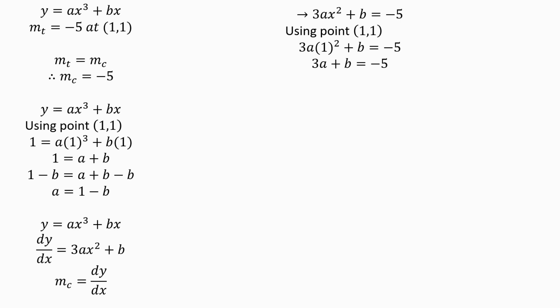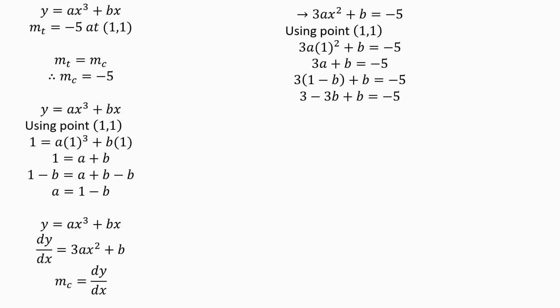Remember the equation we had obtained where a was 1 minus b. So we are going to replace a with 1 minus b. So we have 3 into (1 minus b) plus b equals negative 5. So opening the bracket, we have 3 minus 3b plus b equals negative 5.